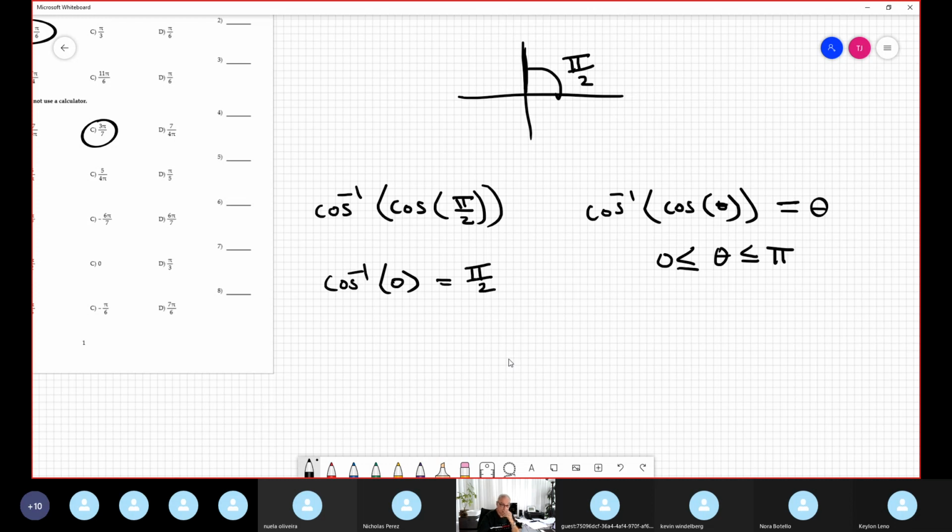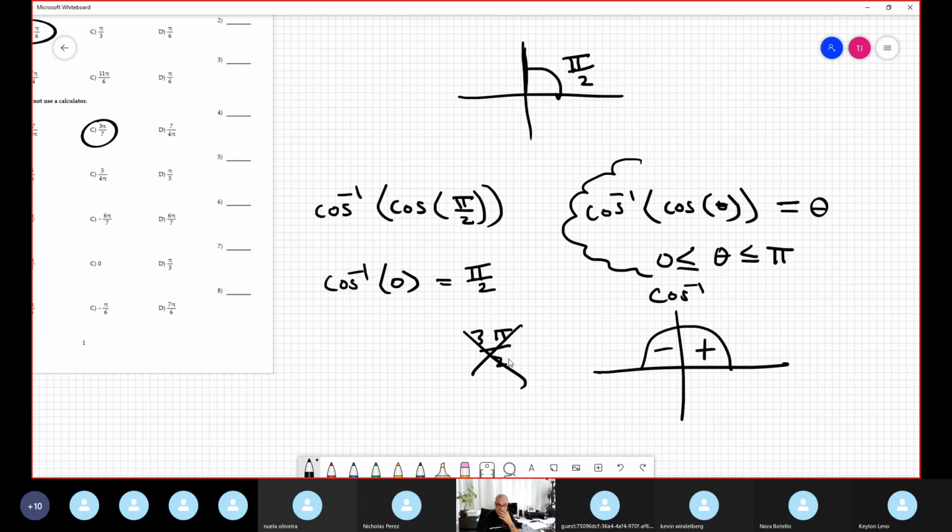The answer in the cosine inverse function is positive in the first quadrant and negative in the second. But in this case, no positive, no negative, it's 0. But for cosine equal to 0 you have two possibilities: pi over 2 or 3 pi over 2. And 3 pi over 2 is completely out of this restriction. Keep this in mind.